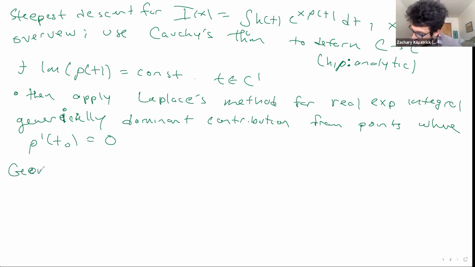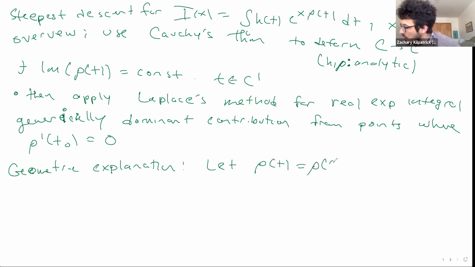So our geometric explanation is that if we let rho of t equal rho of u plus iv equal some phi of u, v plus i psi of u, v, okay?